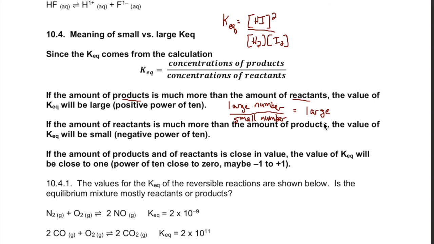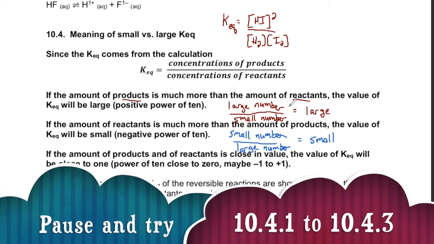So if you have a large value for your equilibrium constant, that means the amount of products is large and the amount of reactants is small. If instead the amount of products is small, you have a small number in your numerator, and the amount of reactants is large, that gives you a large denominator, then the equilibrium constant would be a small value, because a small number over a large number gives a small number. So if your KEQ is very small, you are mostly reactants. If your KEQ is large, you're mostly products.